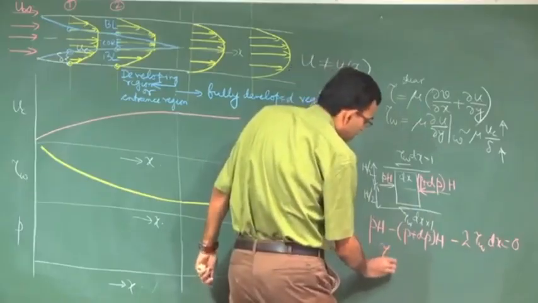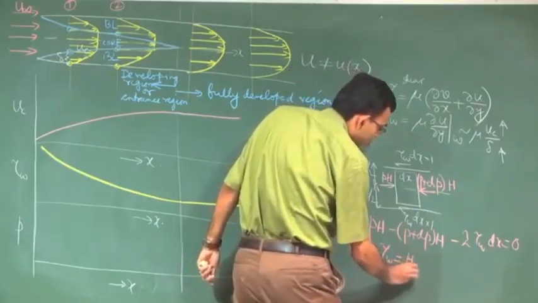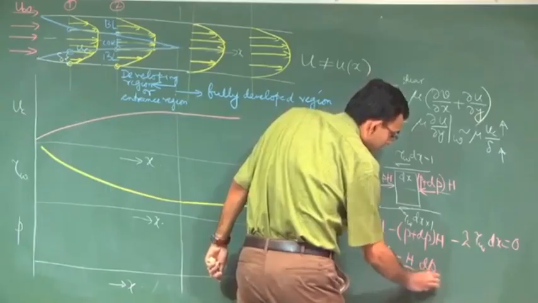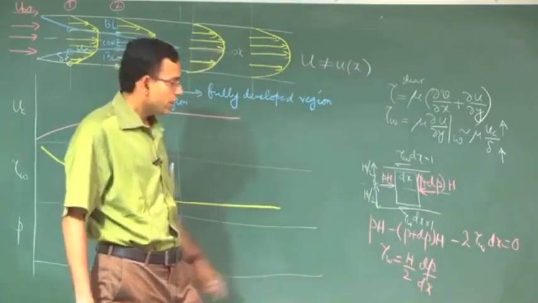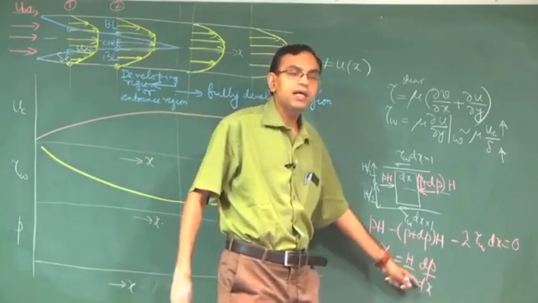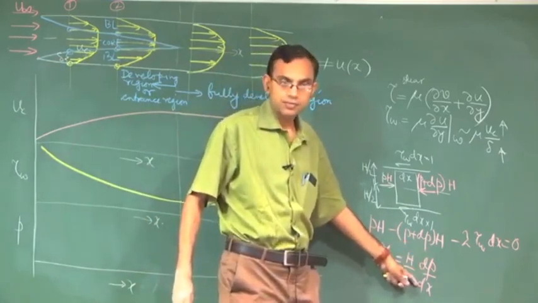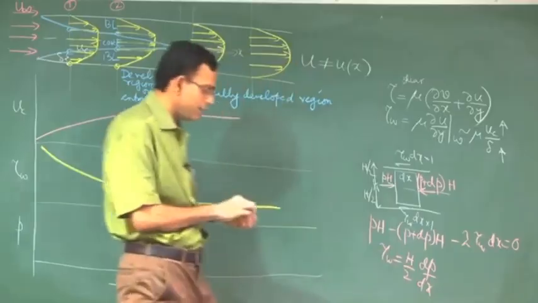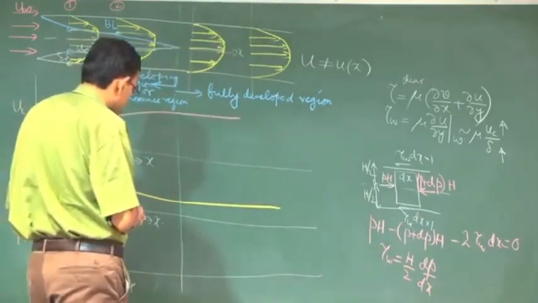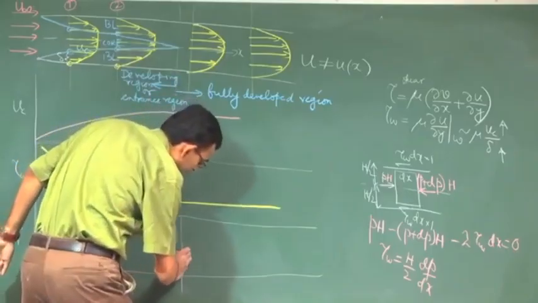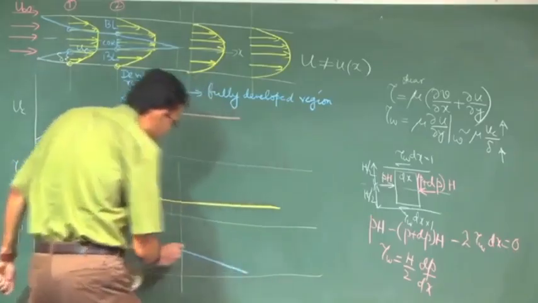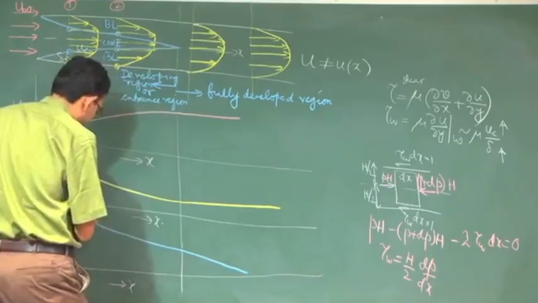So, tau wall is h by 2 dP dx, right. So, if tau wall remains constant, dP dx also remains constant, that means P versus x will be linear. So, P versus x in the fully developed region will be linear, and in this region it will be non-linear.